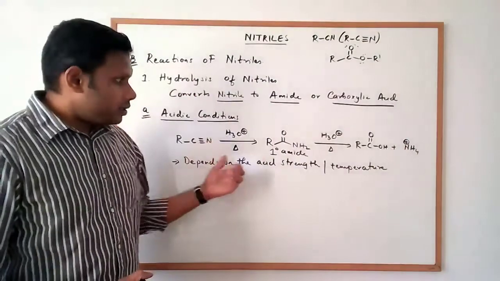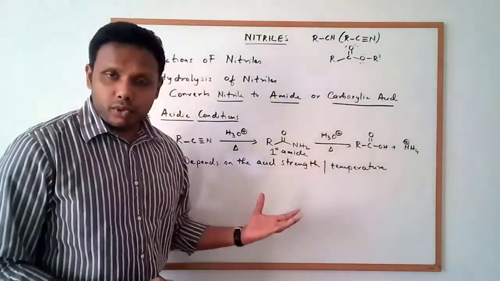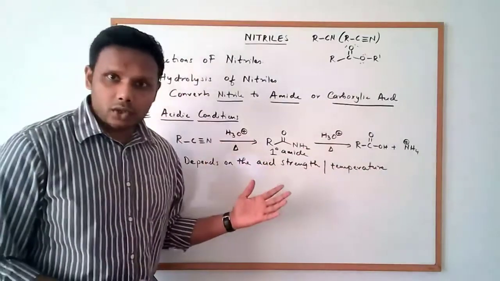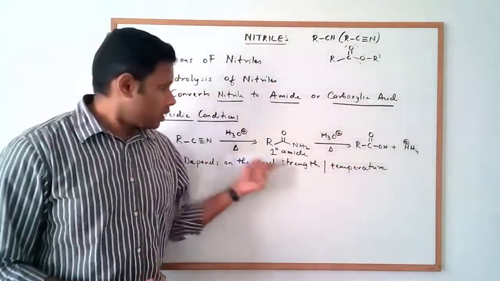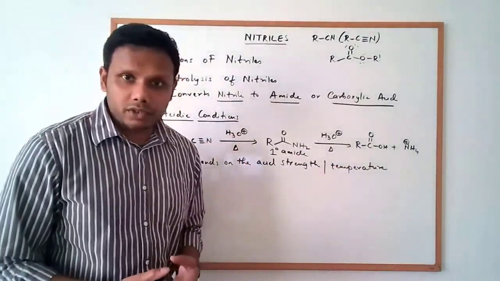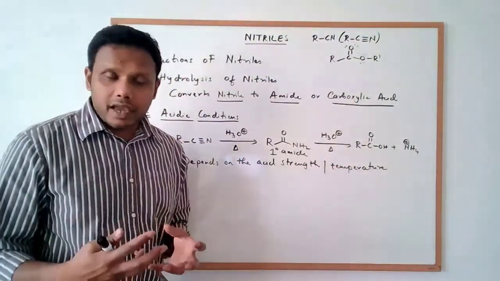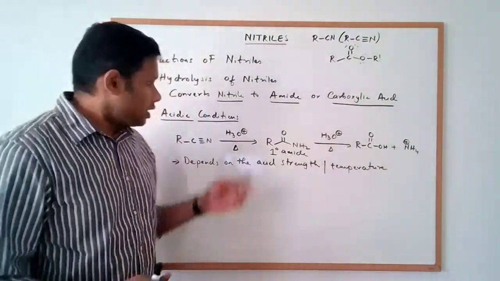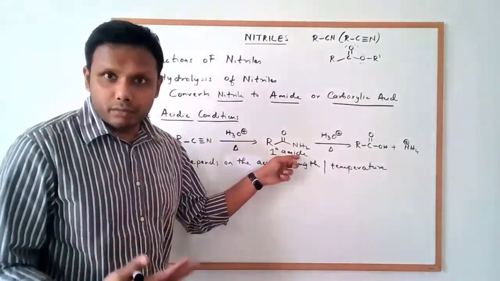Now, whether you get the amide or the carboxylic acid as the product from this hydrolysis reaction really depends on the strength of the acid, like how strong of an acid you're using, and on the temperature. When the conditions are mild, that means you're using mild acid, low temperatures, then the reaction usually stops, or you're able to stop it at the amide.